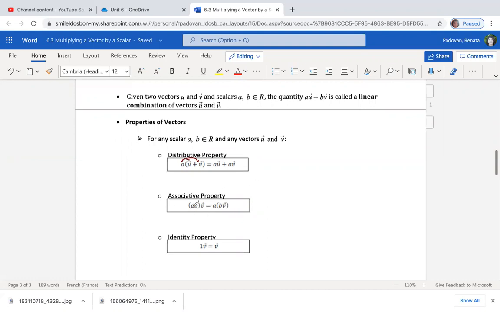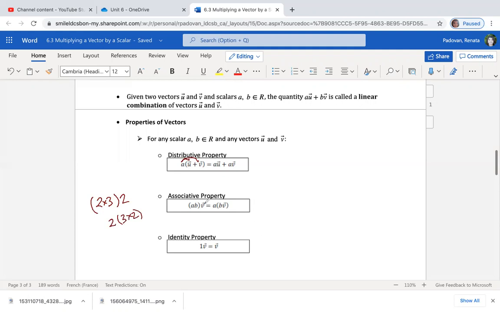Associative property is, again, these are constants, don't forget A and B. So if I have two numbers multiplied by each other, right away I could multiply those and just get one single number, multiplied by a vector V. That's the same thing as taking the vector V and multiplying it by B, and then taking that answer and multiplying it by A. So again, when you're multiplying 2 times 3 times 2, or 2 times 2 times 3, it's going to be the same thing, right?